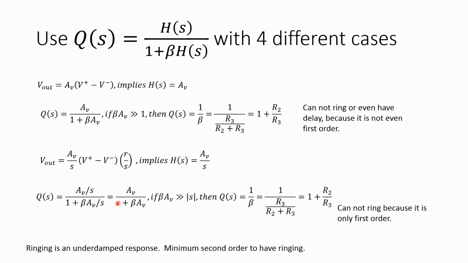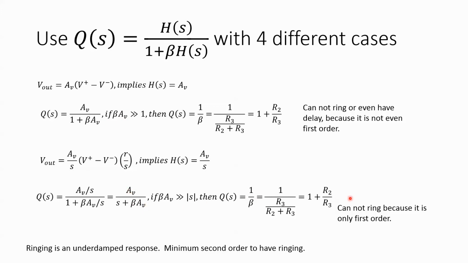Now S is j omega, and so as the frequency increases, this is going to get as big as this or even bigger. So now instead of it just being bigger than 1, beta AV has to be greater than the magnitude of S. If that's true, then we're right back where we came from, where it's just AV divided by beta.